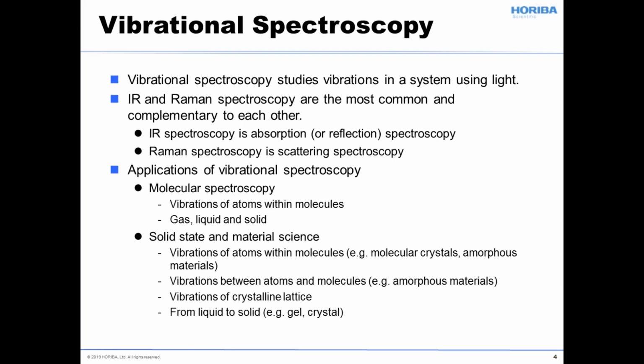And in particular, solid state tends to be an emphasis, particularly as you might imagine with a micro Raman instrument. You can certainly study molecular species, but you can also study molecular crystals.